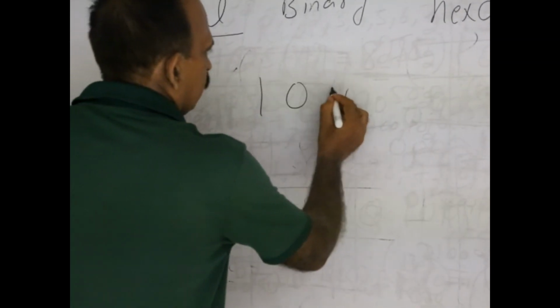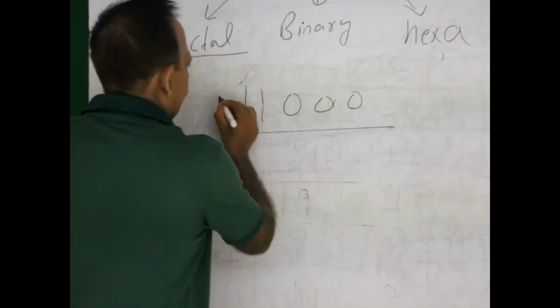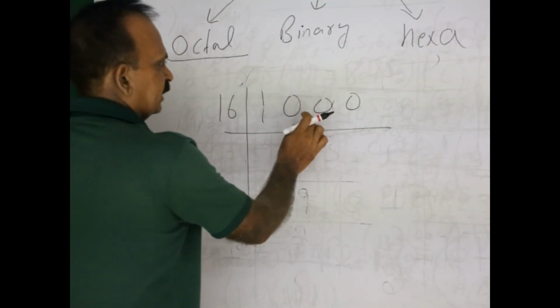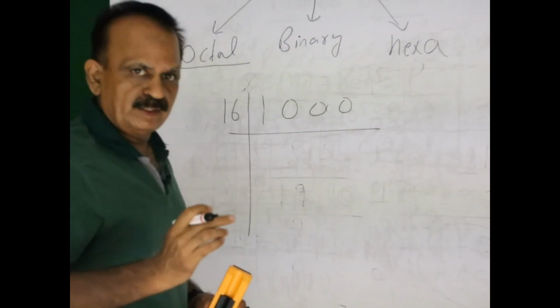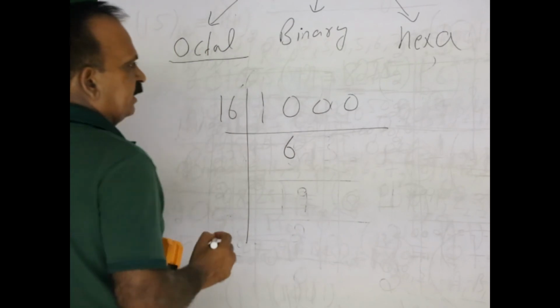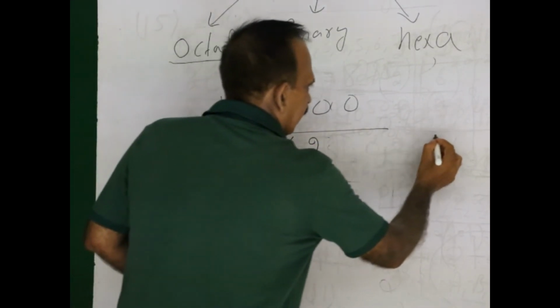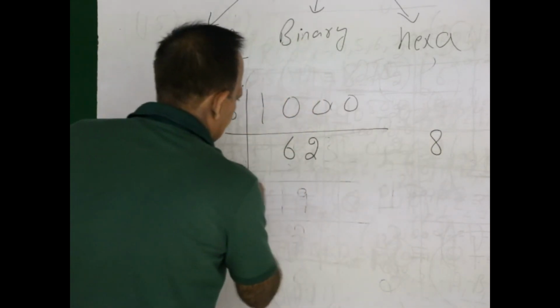Say I want to convert 1000, a decimal number, into hexadecimal. So, divide by 16. 16 sixes are 96, then I get 40, it is 2 and the remainder is 8.